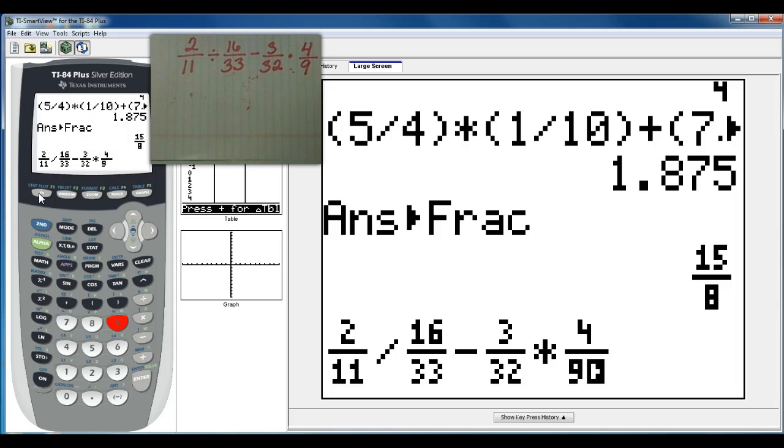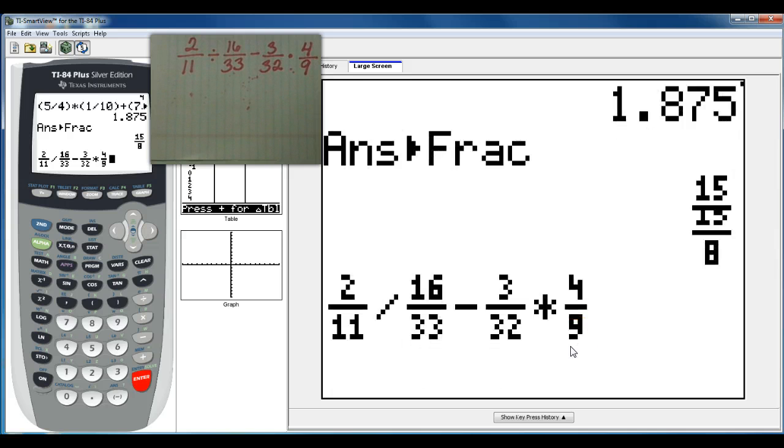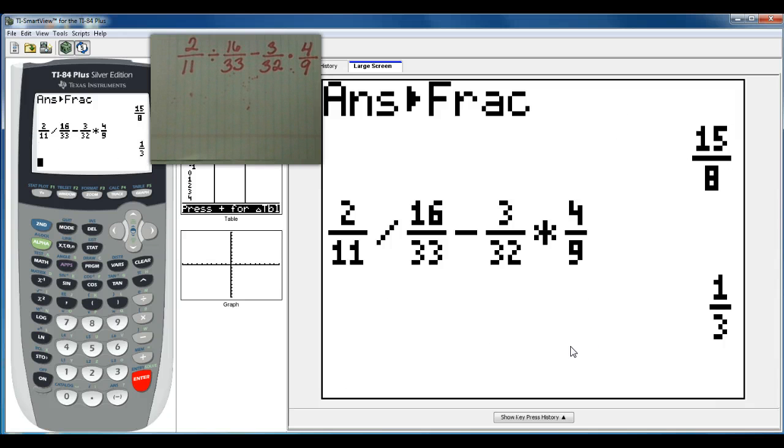I always double check to make sure that I input the fraction properly. 2/11 divided by 16/33 minus 3/32 times 4/9. And the answer is 1/3.